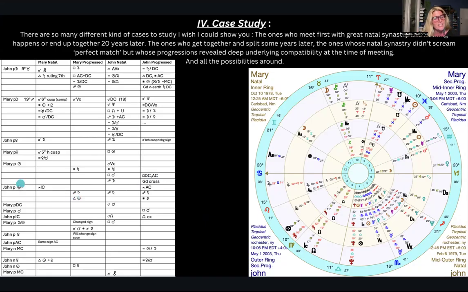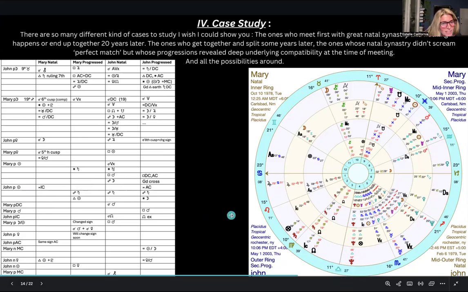So John's progressed Sun, here, let's find it. 11 degrees Pisces is going to be in conjunct Marissa's IC exactly here. 11 degrees 47 and 27. Here you are. Beautiful conjunct. Maybe there's a letting go of the home she had before and the family to create something new together.